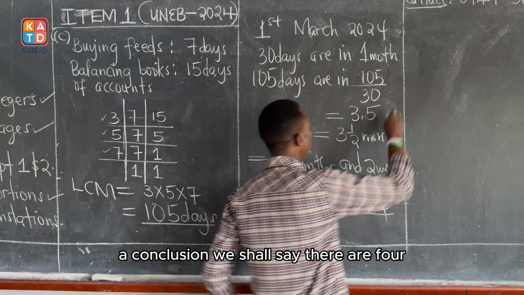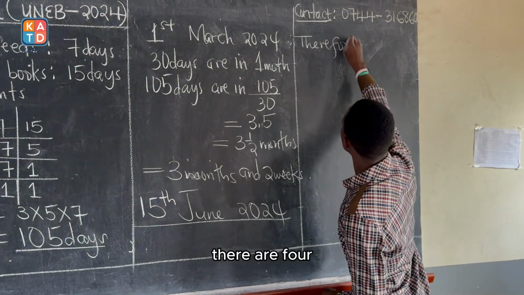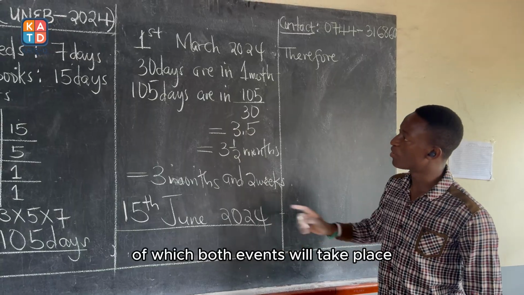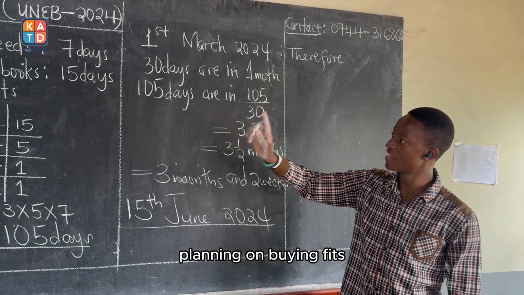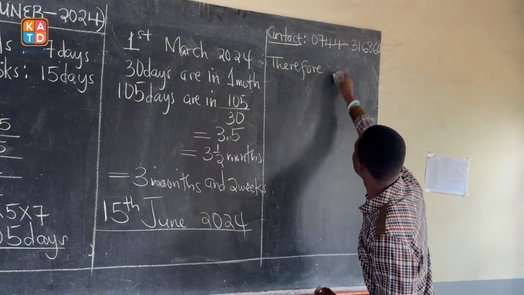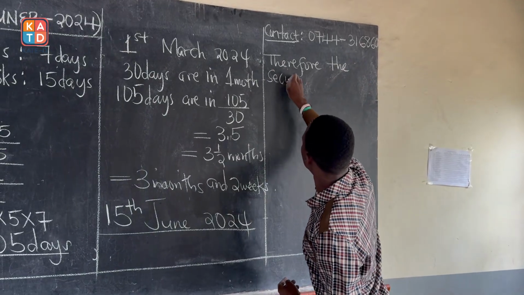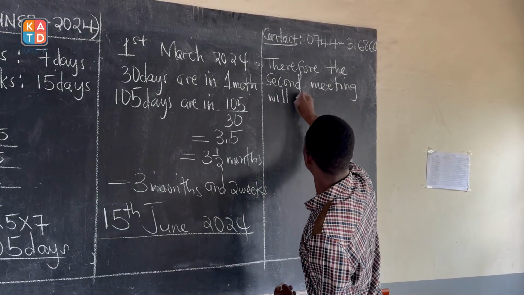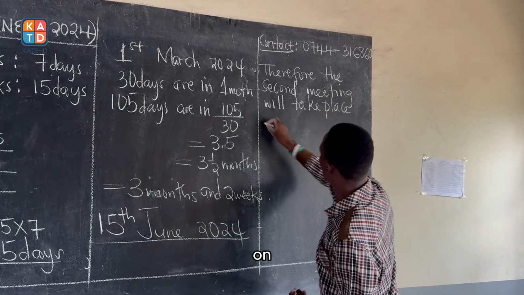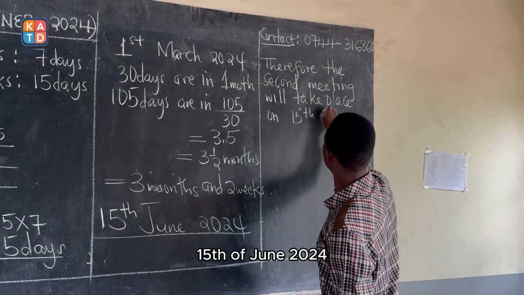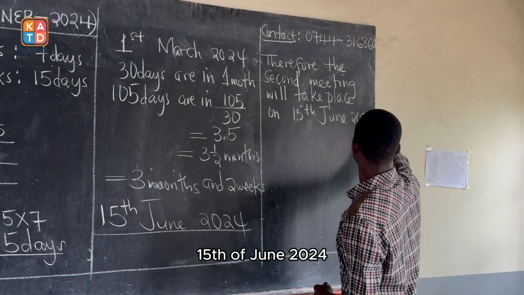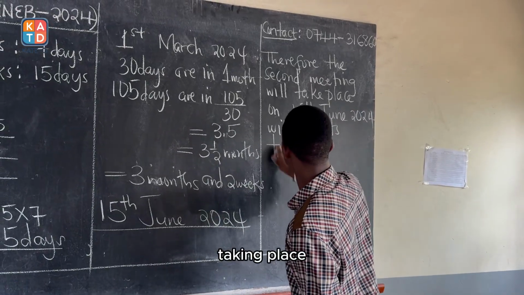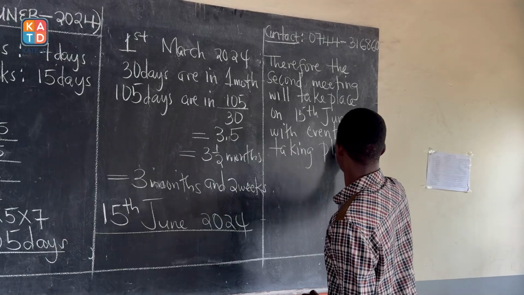So we shall say, therefore, the second meeting will take place on 15th June 2024, with both events taking place at the same time, planning on buying feeds and balancing the books of accounts.